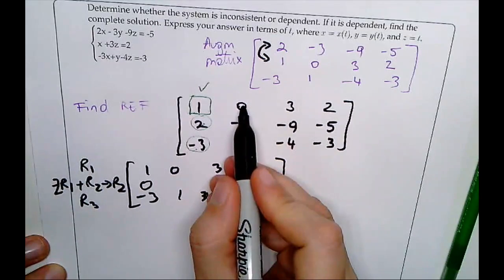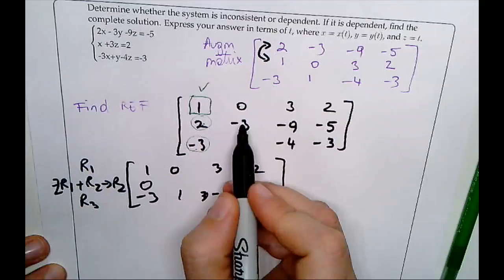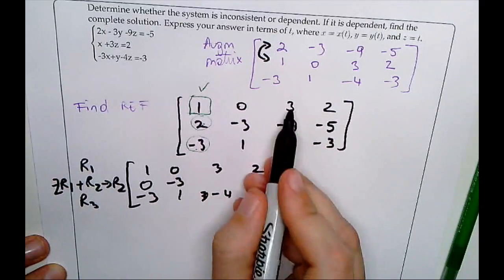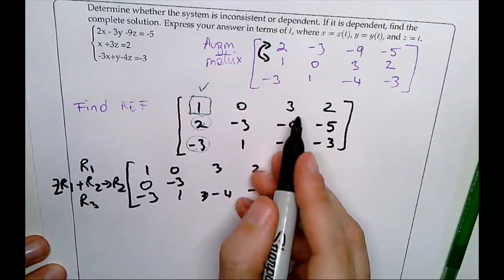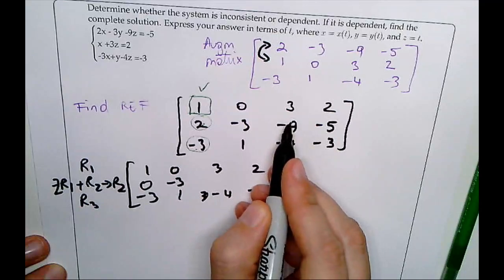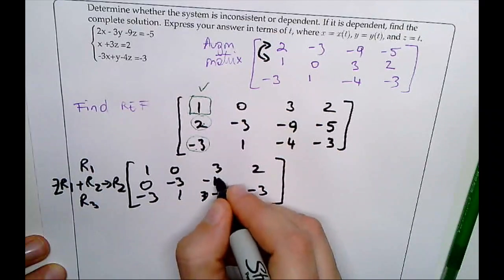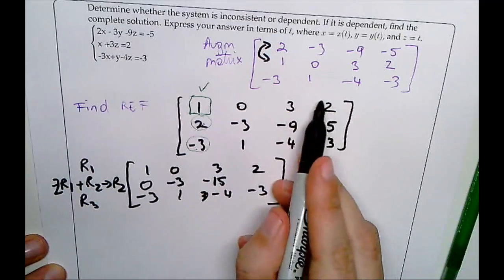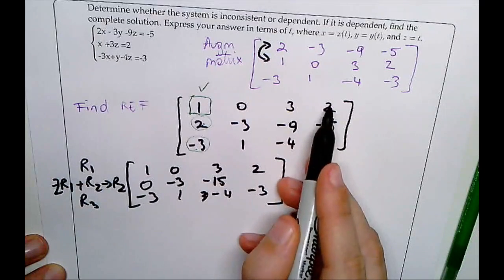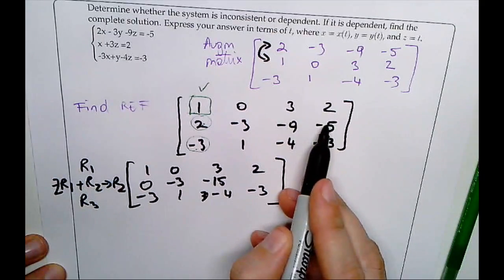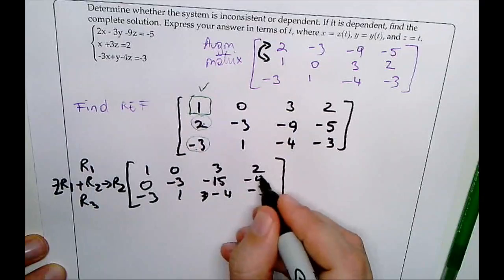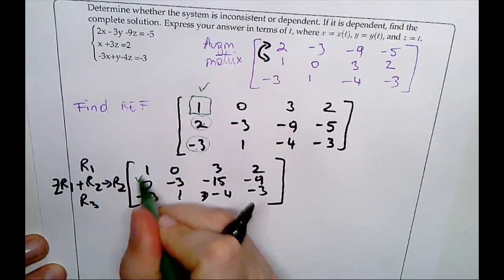Negative 2 times 0 is 0, plus negative 3, that's a negative 3. Negative 2 times 3 is negative 6. Negative 6 plus negative 9, negative 15. And then negative 2 times 2 is negative 4, plus negative 5 is negative 9. Okay, so I made this a 0.